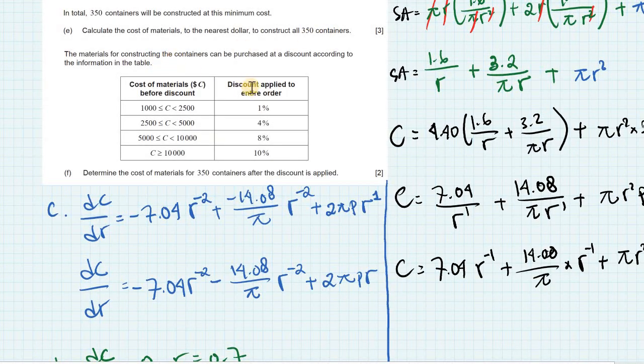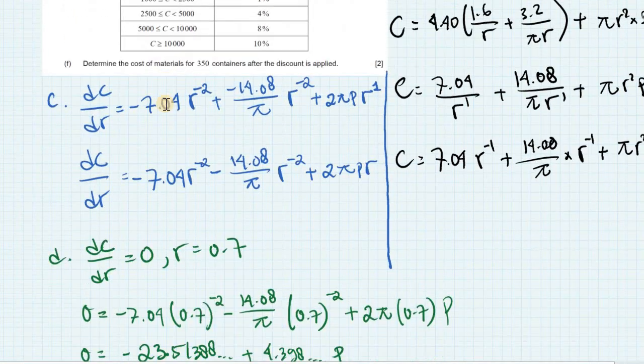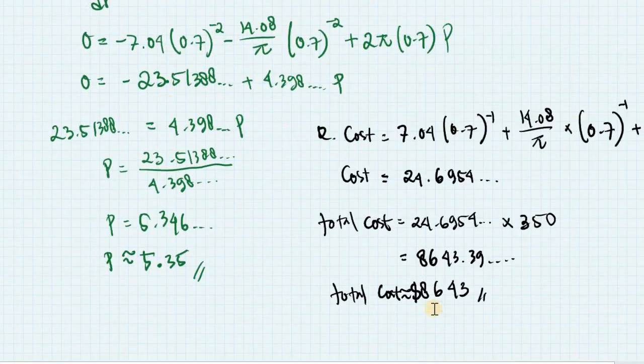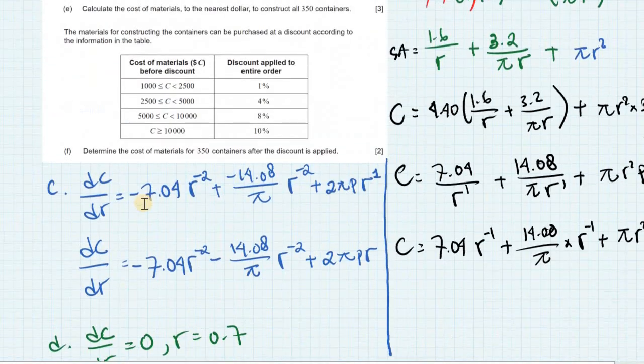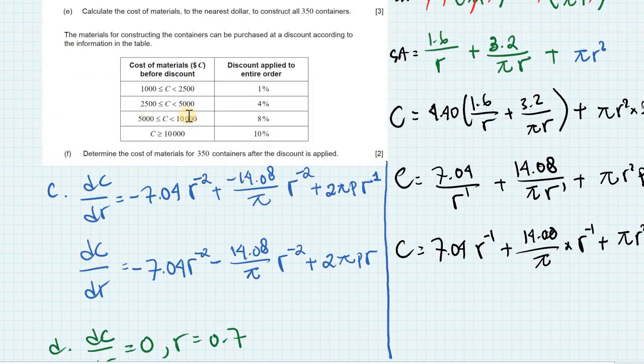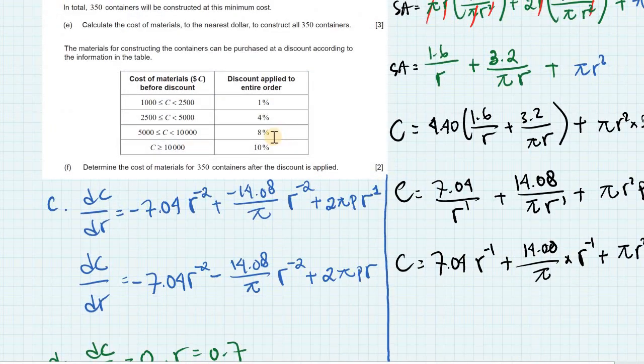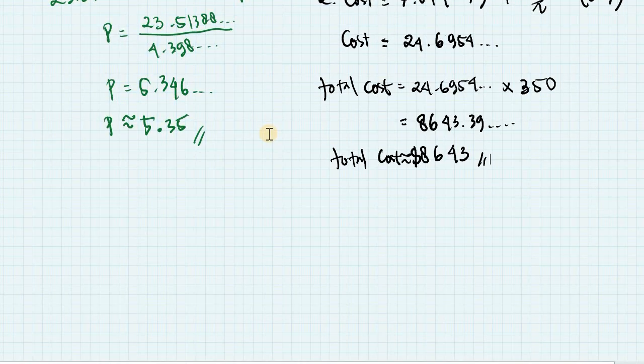We have a discount for this. If you can see, our cost is 8,600 and so on, so it falls in this area and we get an 8% discount. So determine the cost of material for 350 containers after the discount. With an 8% discount, the total cost that we have to pay is 92%.